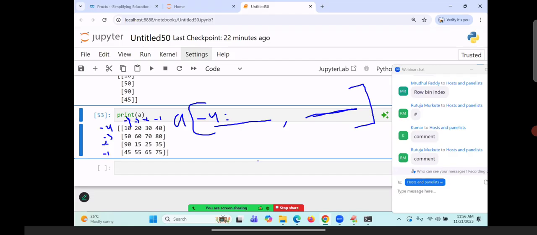Next, -4 colon what? -3. -4 colon -3 means -4 to -3 minus 1, which is -4 only. Are you following me? That will give you the same answer. Got it or not? Yes.